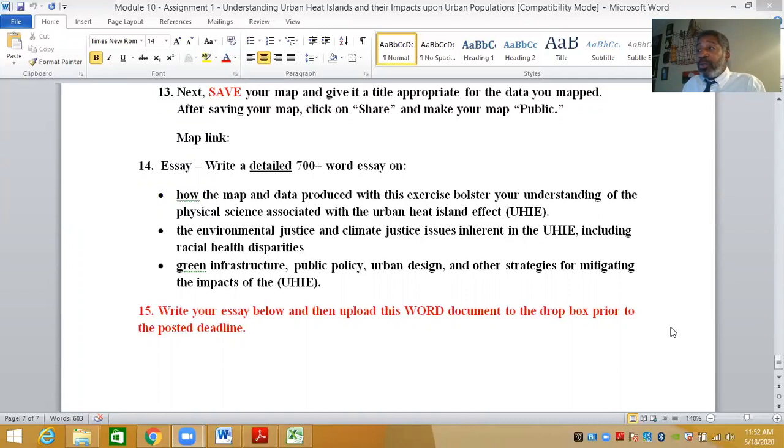I gave you one clue about the prevalence of asthma in African American communities, and that is why it's pretty obvious that African Americans have to be concerned about urban heat islands.